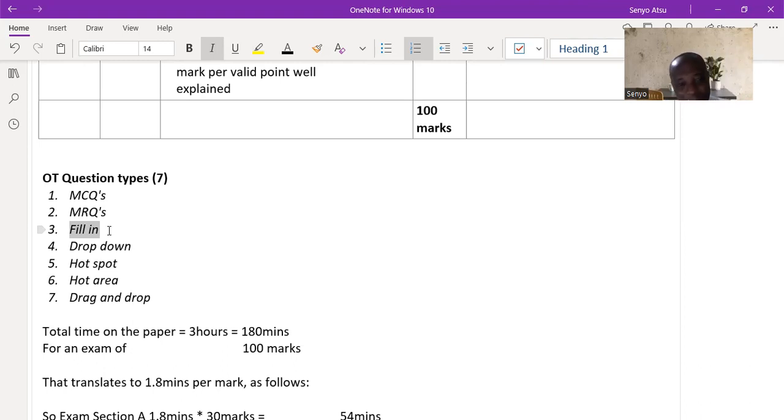All right, 7 types of objective test questions. If you want to familiarize yourself with this, go to the CBE practice platform, select the specimen exam, or select one of the practice exams. Please, the past exams, they don't publish sessions A and B. ACCA doesn't publish sessions A and B for the past exams.